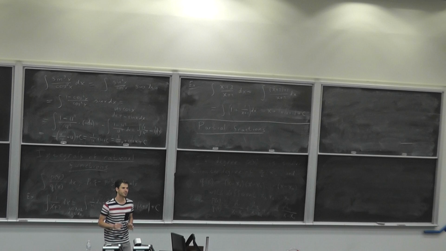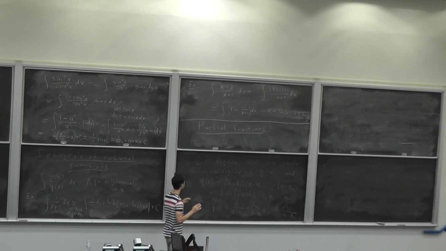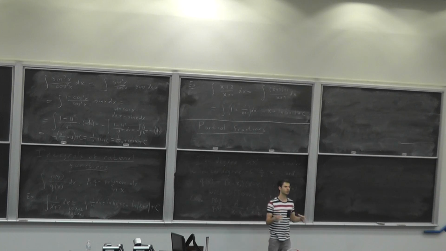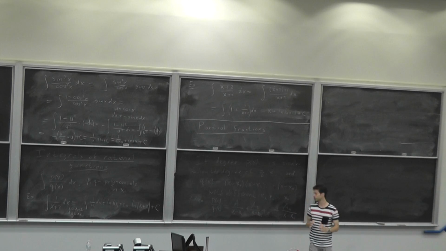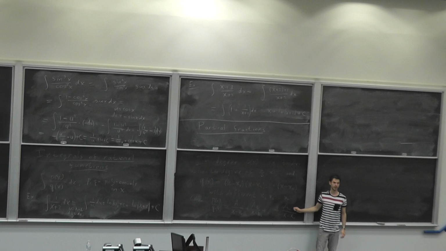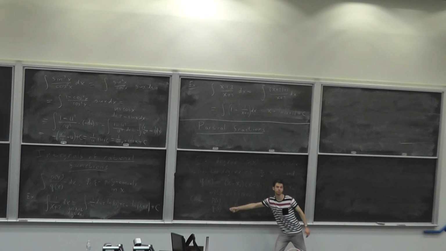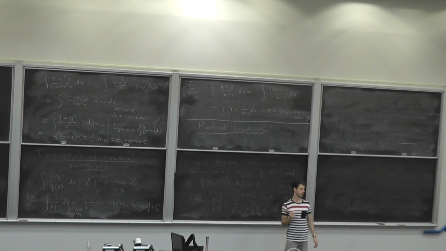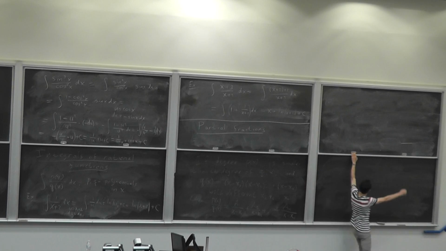So it turns out that any rational function, with just a small condition, that the degree of the numerator is smaller than the degree of the denominator, can in fact be written this way. And this representation of the rational function is called partial fraction representation. So let's look at an example.